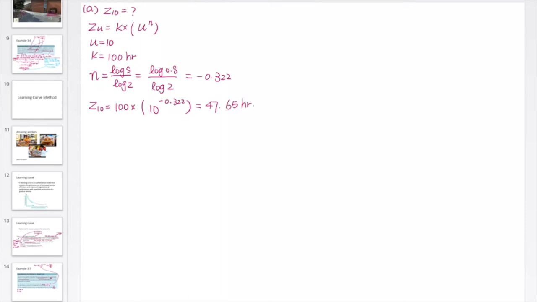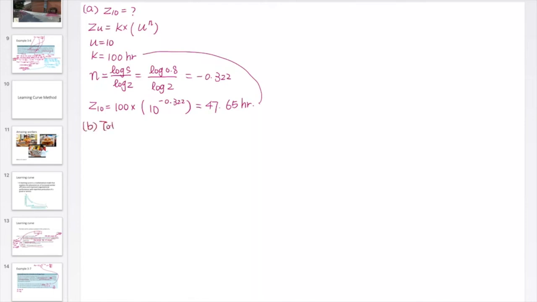So to produce the 10th car, you have already practiced 9 times, so the time cost is only maybe half of the cost for the first car. Compare these two numbers, which makes sense. All right, so that's question A.